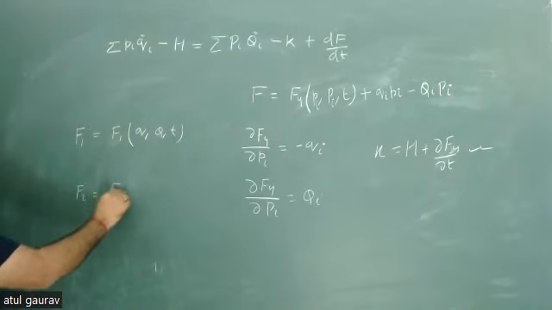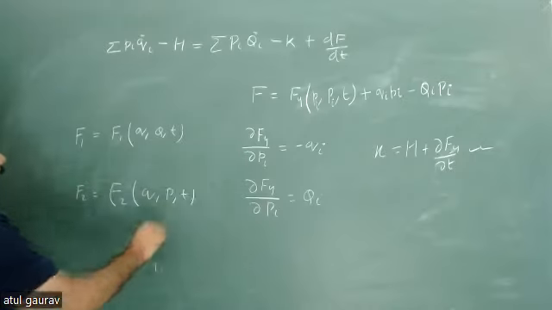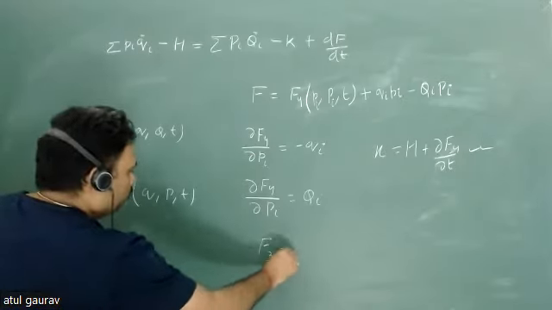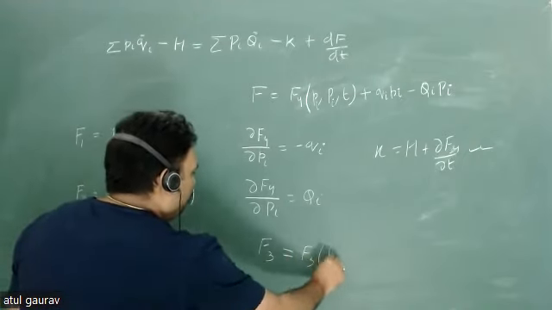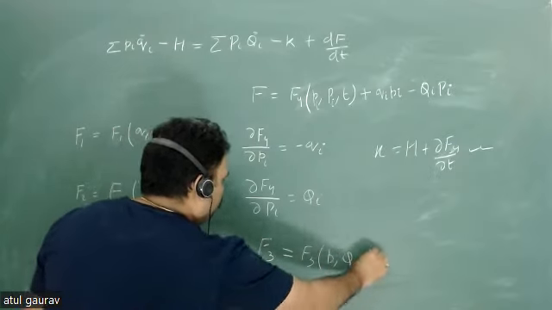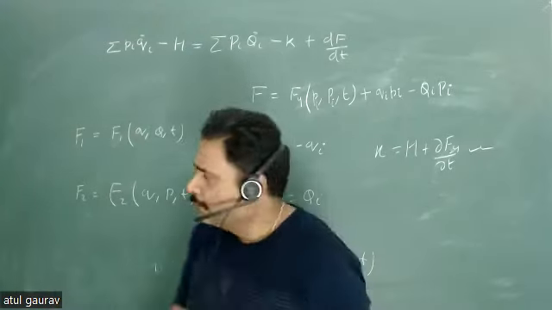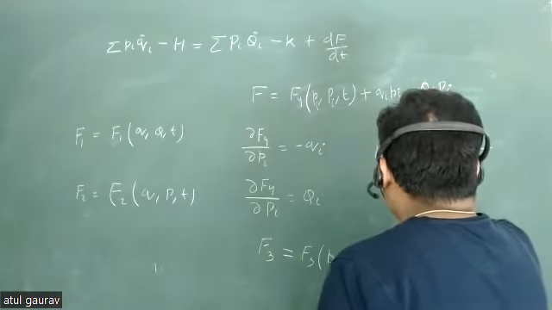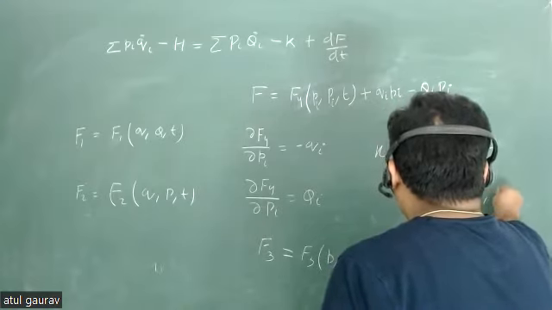Small q, capital P, T. What will be F3? Small p, capital Q, T. And what about F4? Small p, capital P, T.